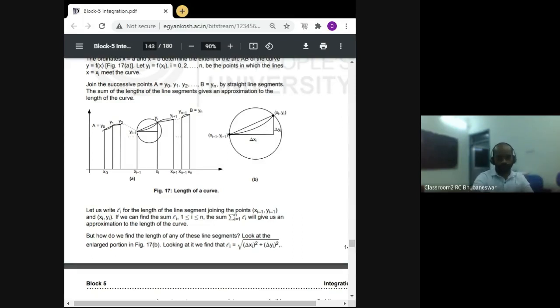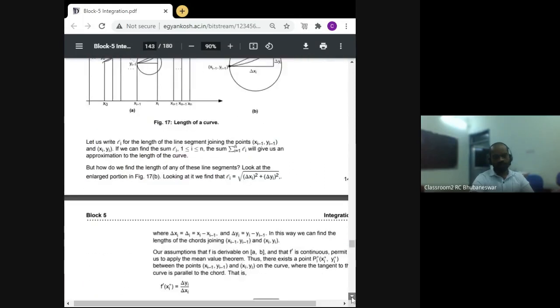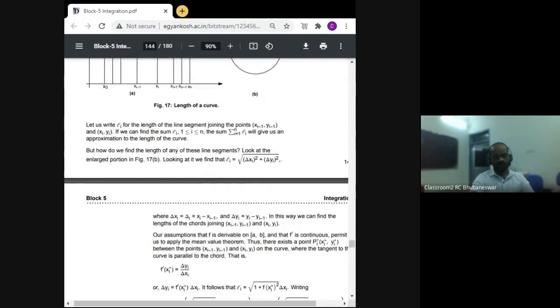So the length of the line between xi minus 1, yi minus 1 and xi, yi will be the approximate value of this particular arc between these 2 points, and that can be represented with the help of this formula written here, li.